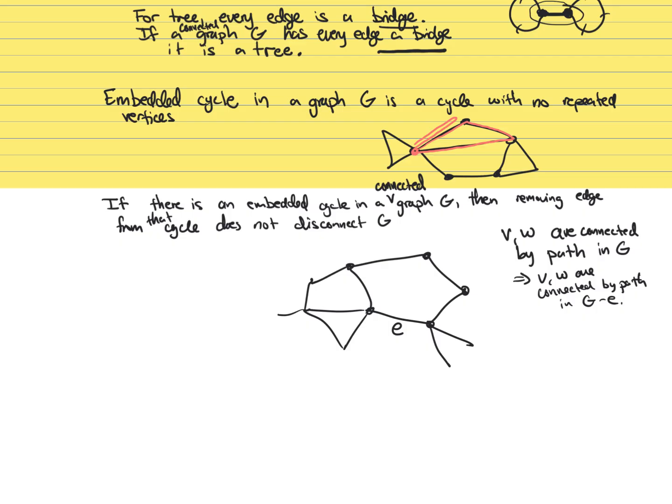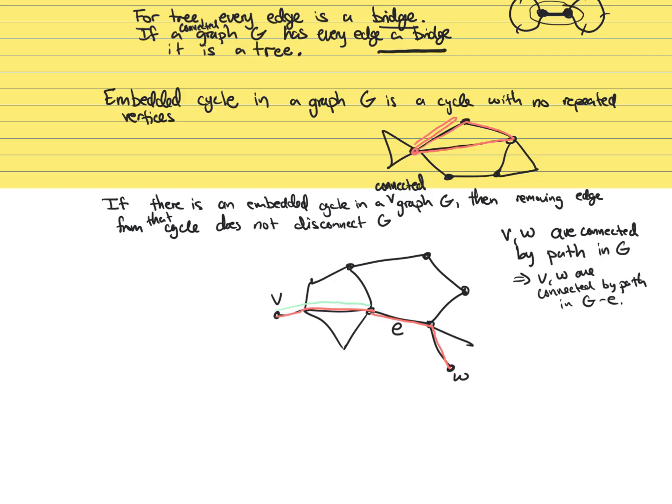Here's my V over here, here's my W over here. I draw this path which potentially could go through V and W. The only thing to note is that since I have an embedded cycle, if I want to avoid E, this would show that G minus E is connected. I come to here.